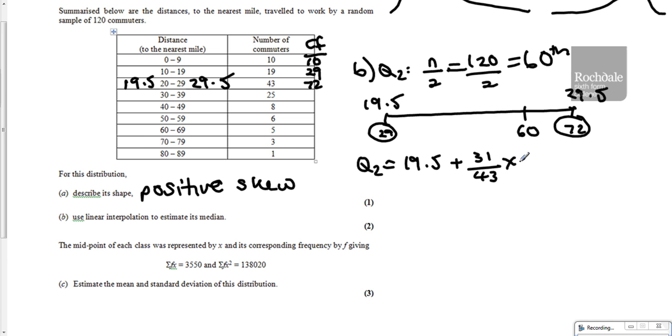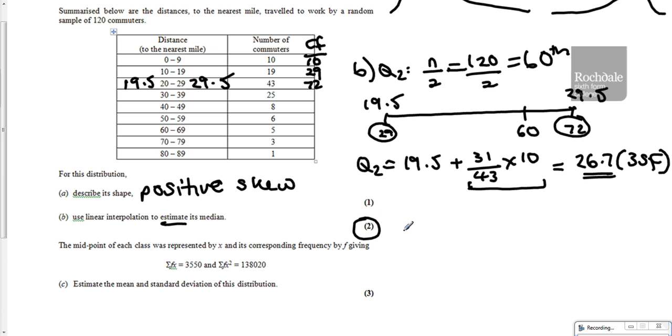The class width here is 10. Remember, we work this part out separately and then add on the 19.5, and if you do that, you get an answer of 26.7. Remember, it's group data, so that's only an estimate, it's not exact. Notice how it's only 2 marks for that, which always seems like a lot of work for 2 marks, but it's an easy 2 marks once you practice the technique.